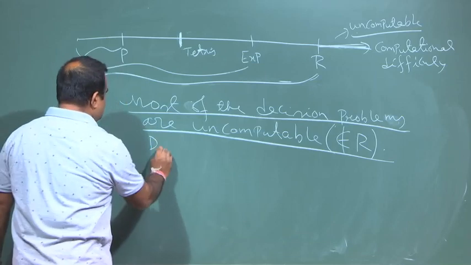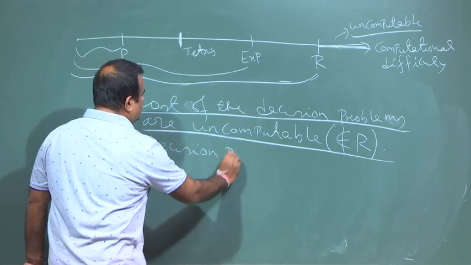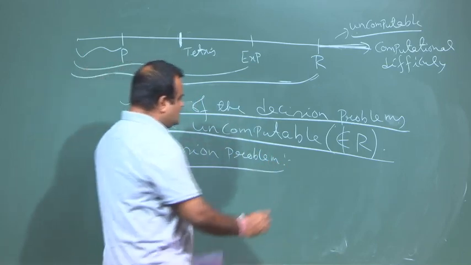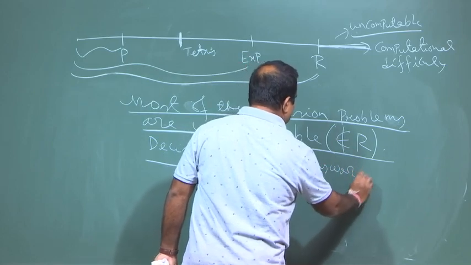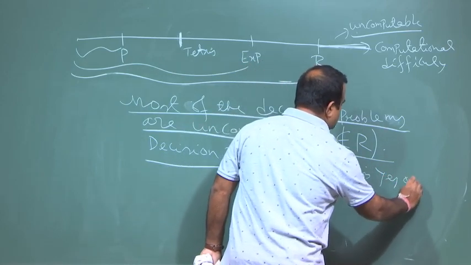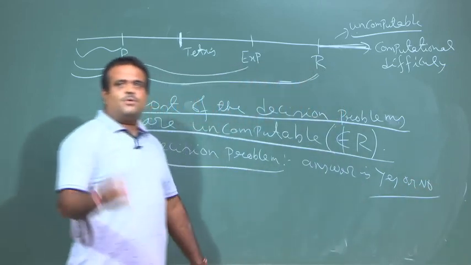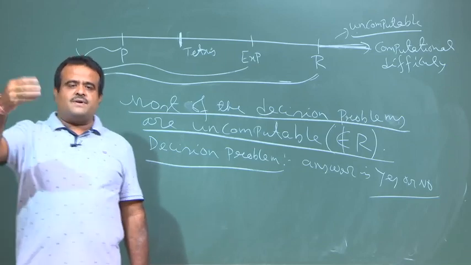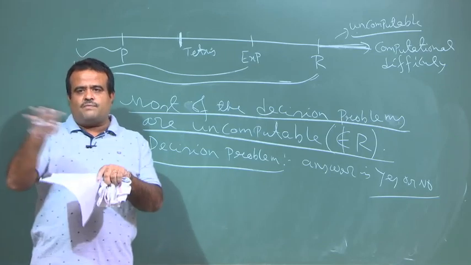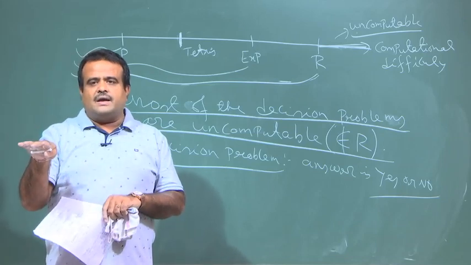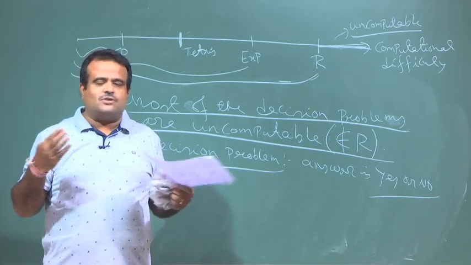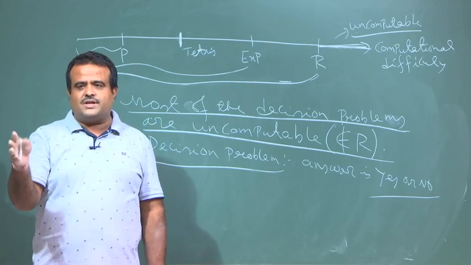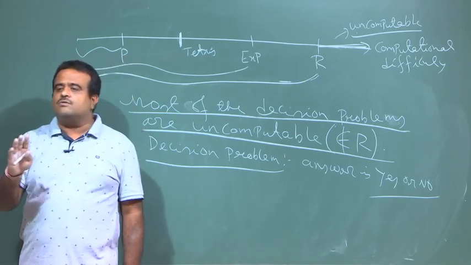Decision problem means the answer is yes or no. That means, does this program halt, yes or no. Given a board and a sequence of pieces in Tetris, whether we can survive, yes or no. Given a position of the chess board, whether white wins or not.